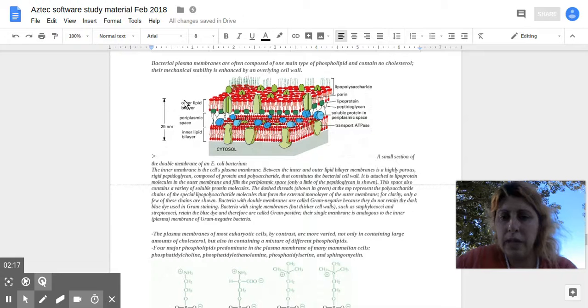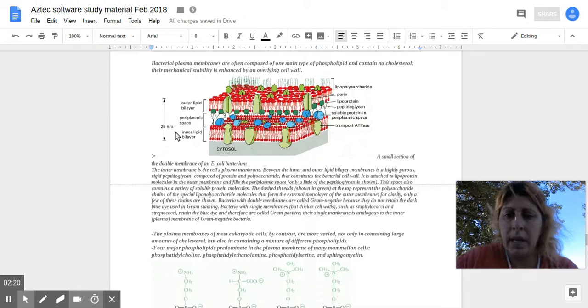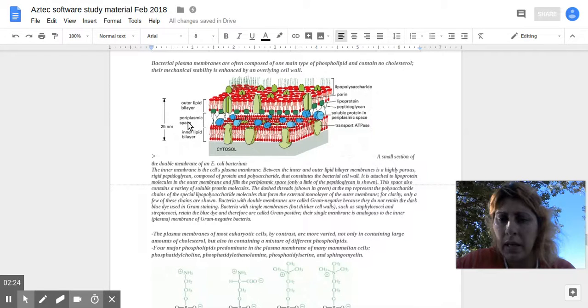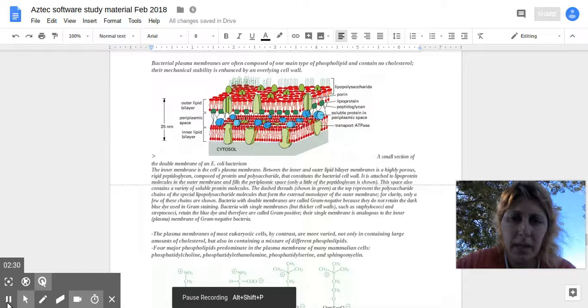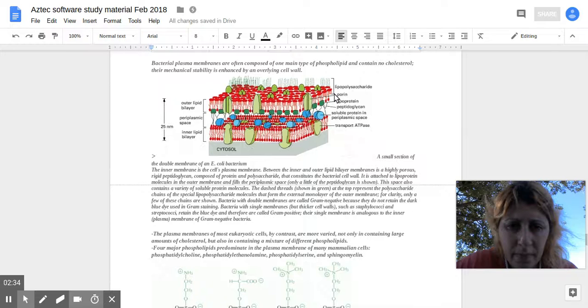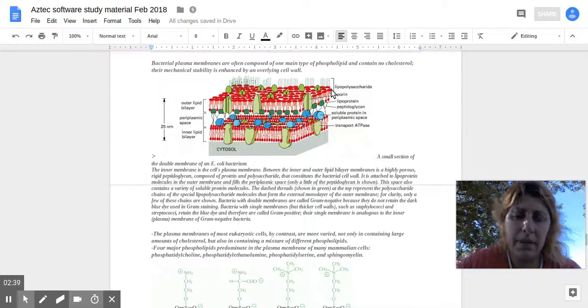So here it says outer lipid bilayer, inner lipid bilayer, and periplasmic space in between the layers, lipopolysaccharide. So these are lipid bound to sugar molecules, polysaccharides.